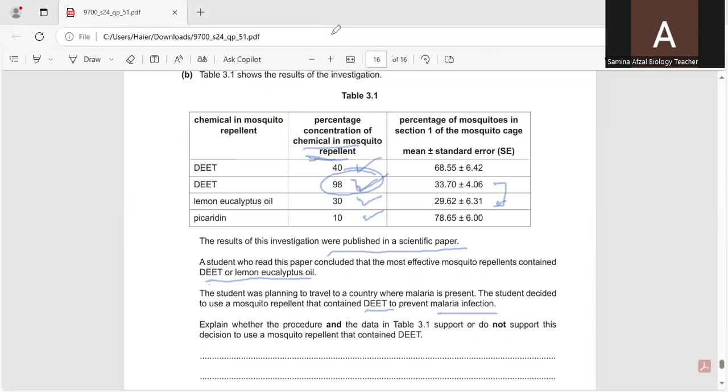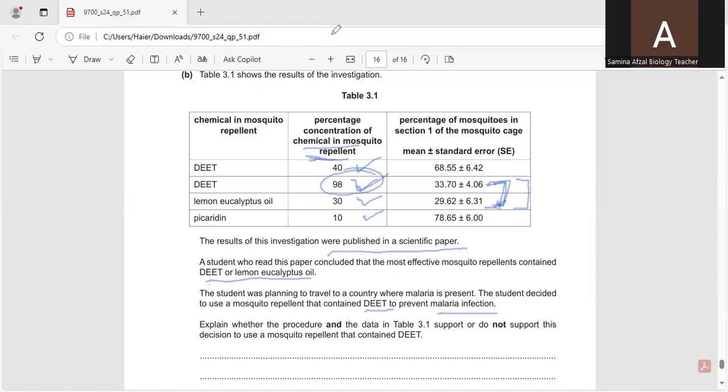I already told you the mean standard error of both these values, the lemon eucalyptus oil and DEET, is also closely equal to each other. So this is 29.62 and 33.72, which are very close values. So it means both of these can be effective against the mosquitoes.